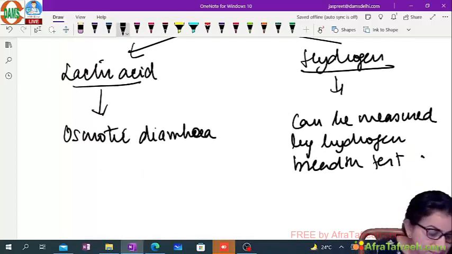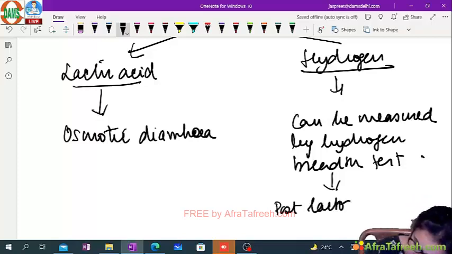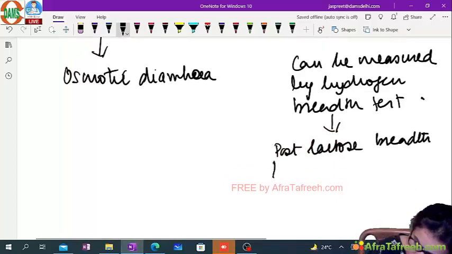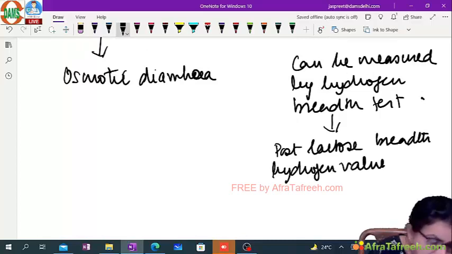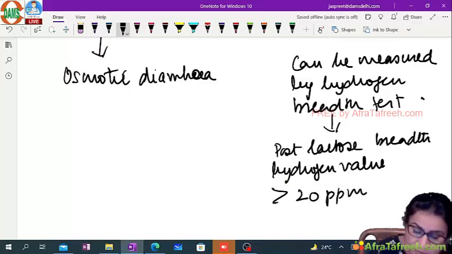Now what happens in this hydrogen breath test? You measure the post-lactose breath hydrogen value.